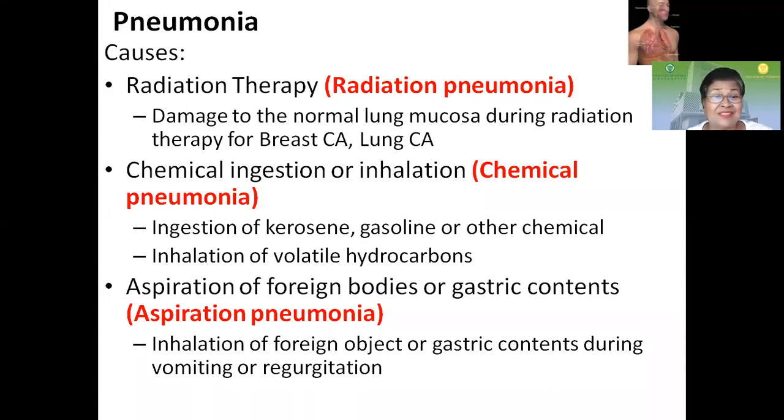So we call this also aspiration pneumonia. Again, kanina, secondary to infection, microorganisms, it could be typical pneumonia or atypical pneumonia. So there are other causes, not only infectious agent. It can be secondary to treatment, secondary to chemicals and aspiration, and the classification are named from that cause.